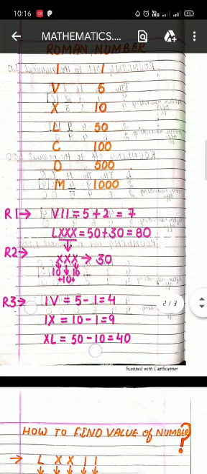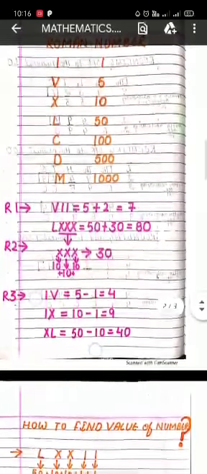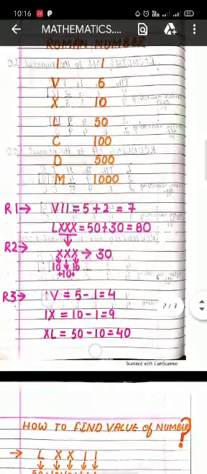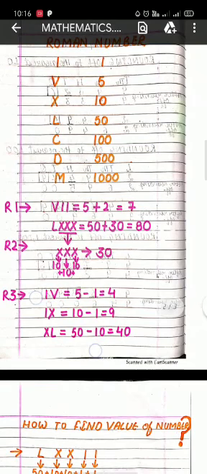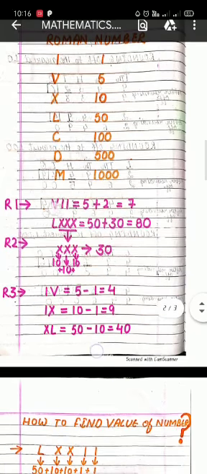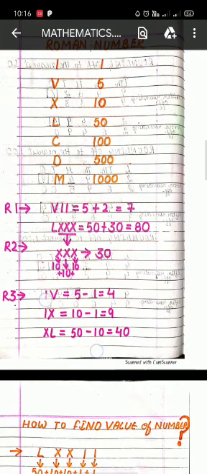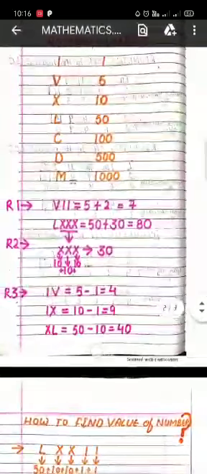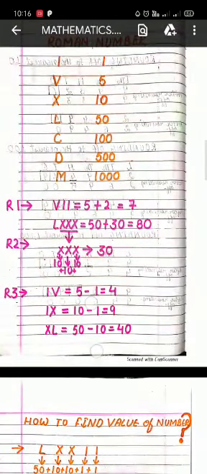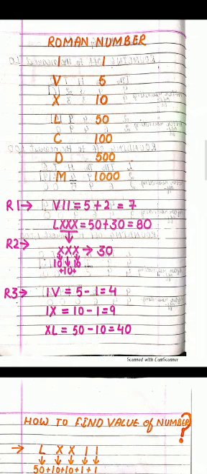Here you can see that I is written before V. V means 5 and I means 1, so it means subtraction. If the number is written before, it means subtraction, and if the number is written after, it means addition. Remember this. So here V means 5 and I means 1, so 5 minus 1 is 4. This symbol indicates 4.